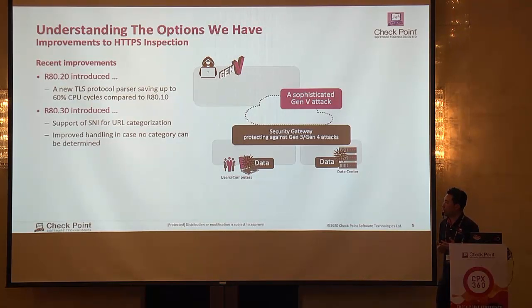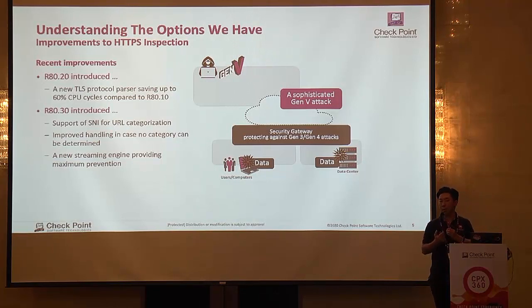We also did another enhancement on the internal handling in case the URL, website, or application that the client wants to access cannot match our existing categories. We improved that to provide better performance and better categorization. And last but not least, we also introduced a new streaming engine.